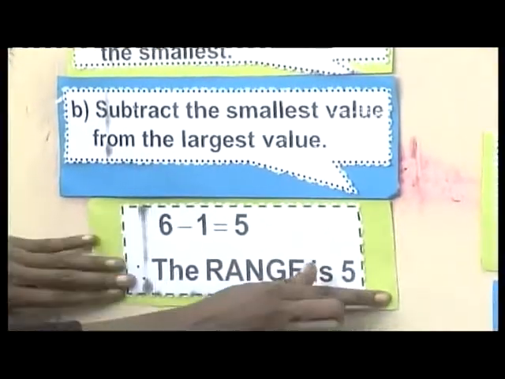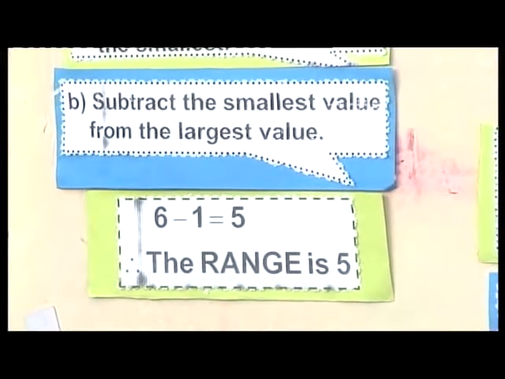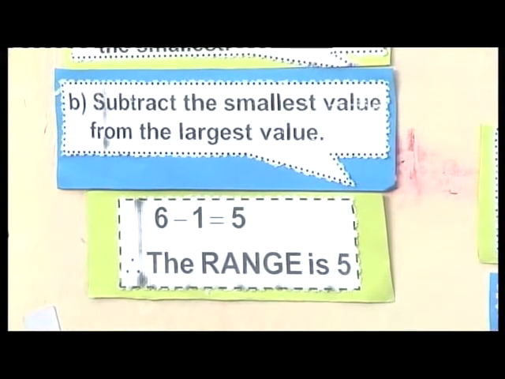So the range here now is, class, what is the range when you subtract 1 from 6? What is the range? 5. So these are some of the things that we need to use to work out the average of certain numbers.